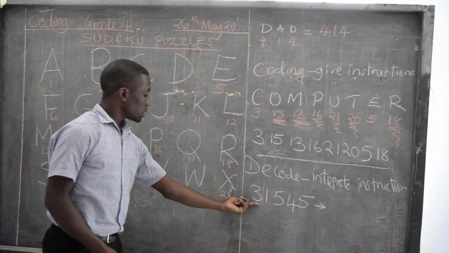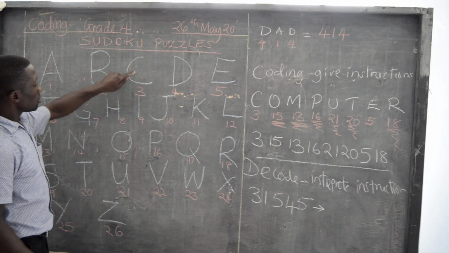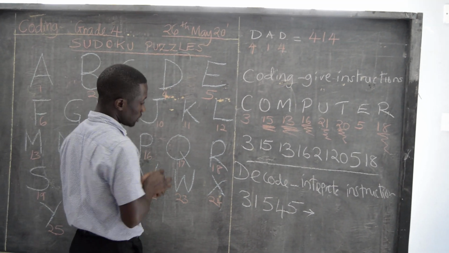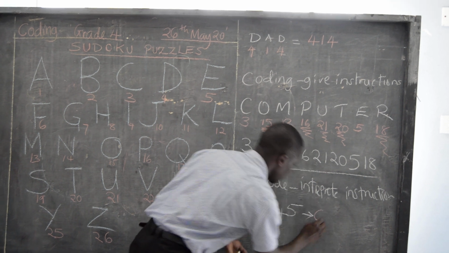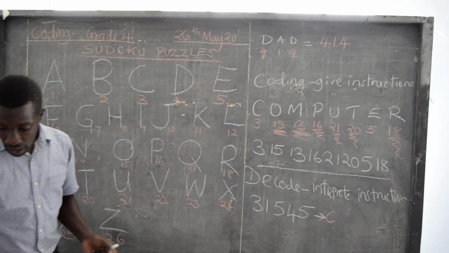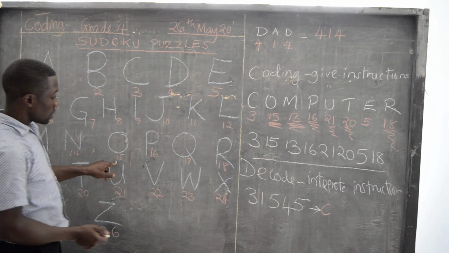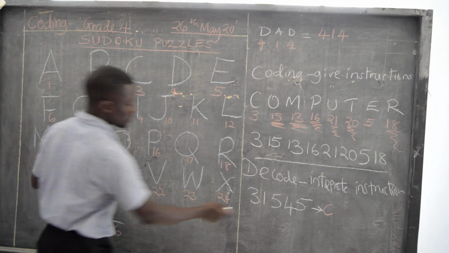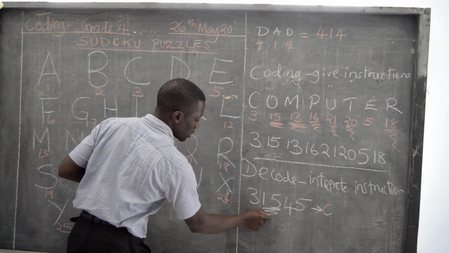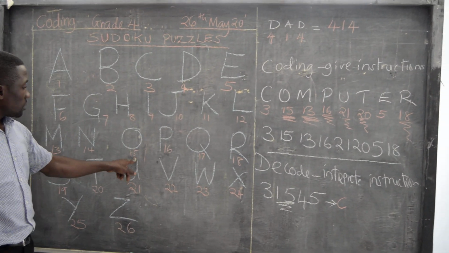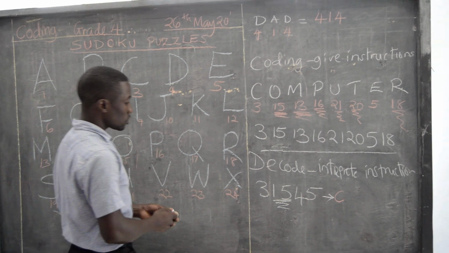Look at 3. 3 is represented by the letter C, so we have C here. Then we have O. 15 is here, so 15 is represented by the letter O. So we write O here.